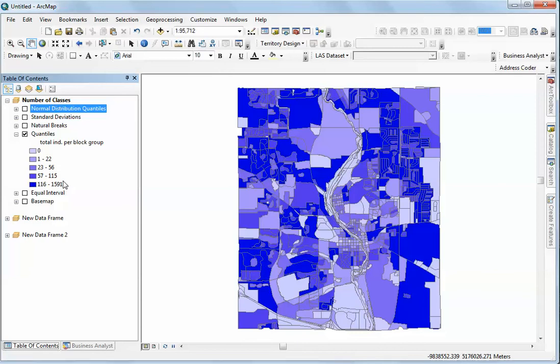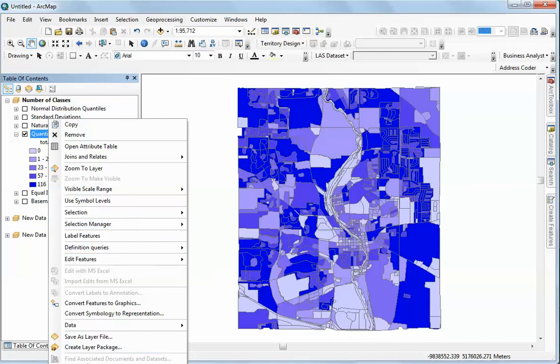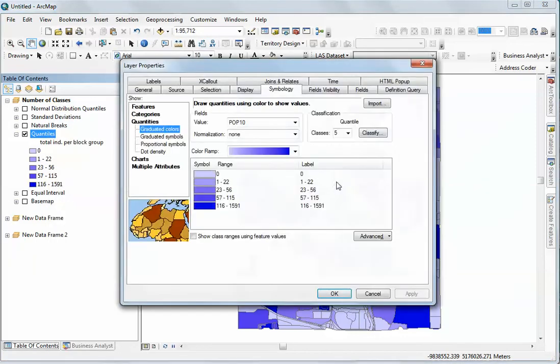The other thing that this allows us to do is say what are the lowest 20% of the block groups, what is the highest 20%, and then we can in fact divide it into equal 20 percentiles. Now, again, if we look at our histogram, we'll take a look at our properties here.